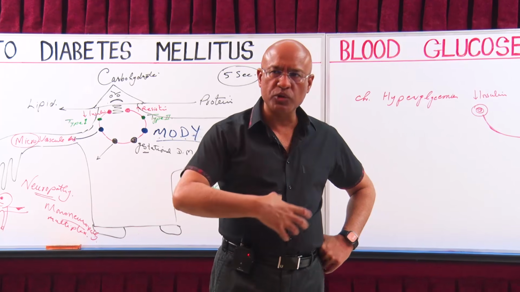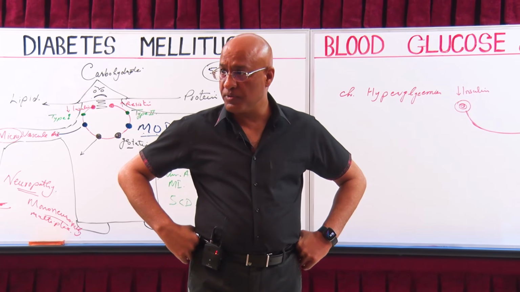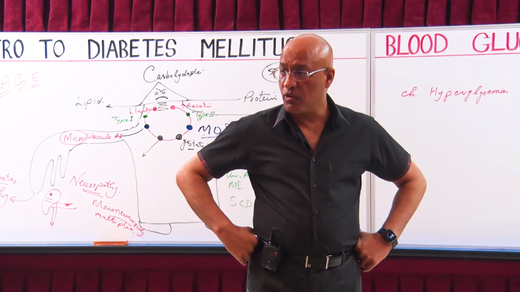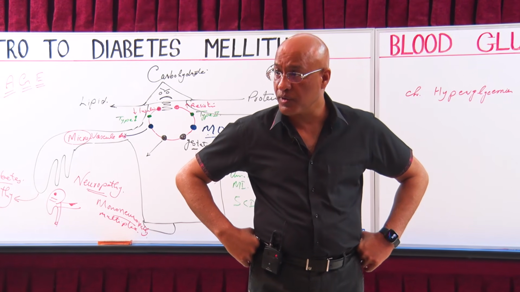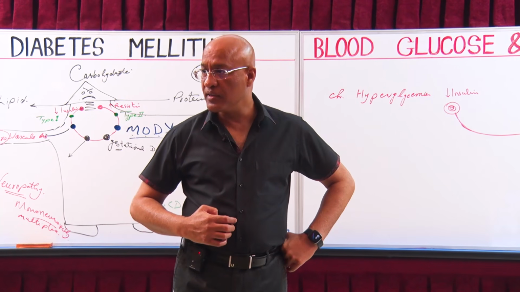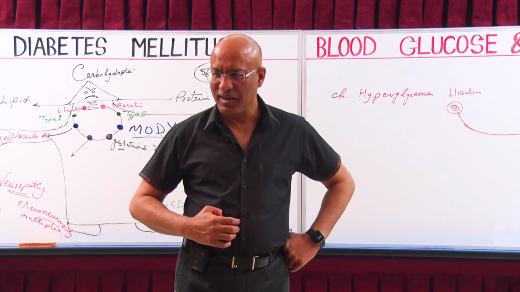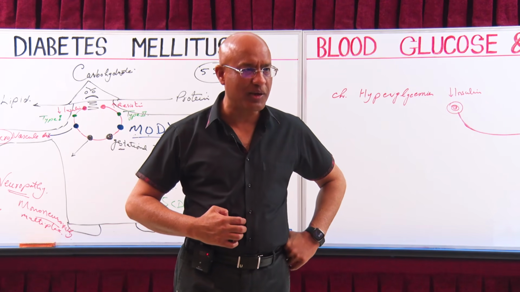Vagus nerve is motor to GIT. It has a lot of what type of fibers? Autonomic fibers, right? If the vagus nerve develops diabetic macrovascular or microvascular disease? Yes, microvascular, very good.